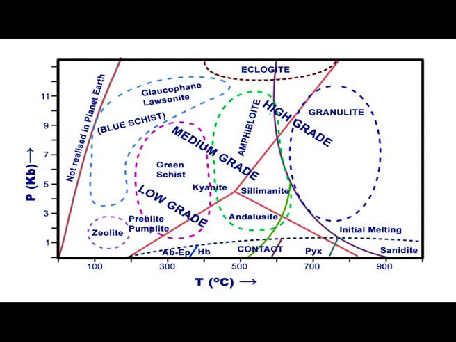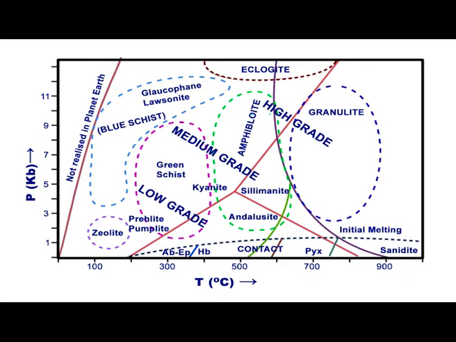First, high pressure temperature, or glaucophane jadeite, blueschist eclogite type. Second, intermediate pressure temperature, or kyanite sillimanite type. And third, low pressure temperature, or andalusite sillimanite. Sometimes geographical regions are used with these baric types.